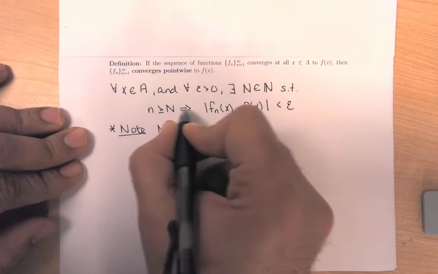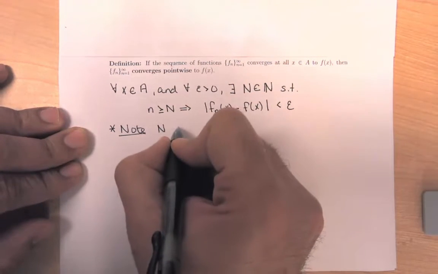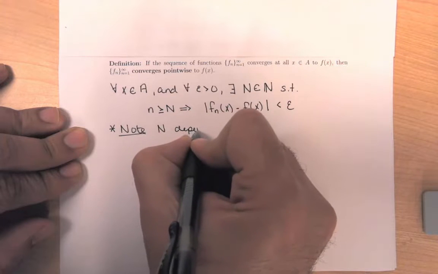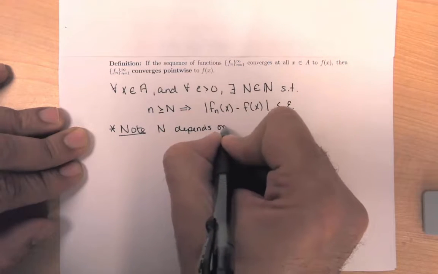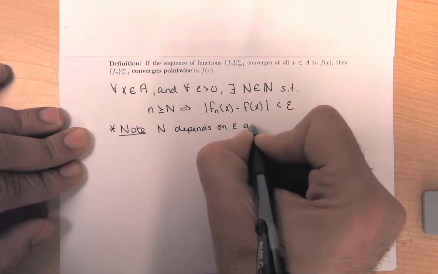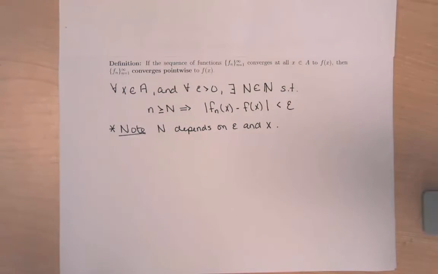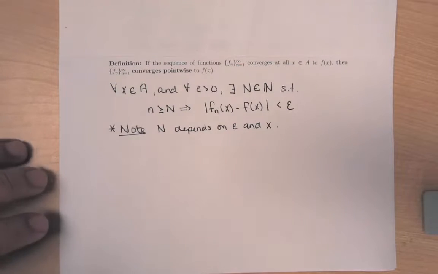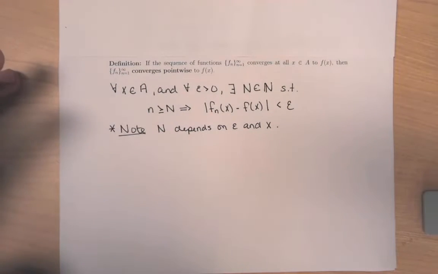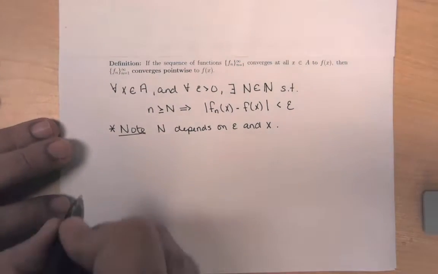The choice of N that guarantees this result depends on epsilon and x. So let's consider an example.